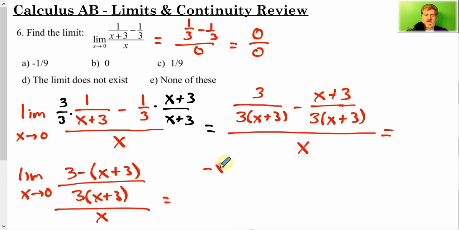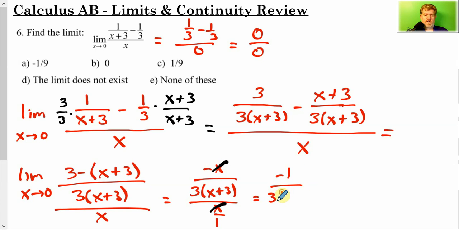We're going to end up with negative x over 3 times x plus 3 over x. Now I'm going to put that over 1 for a nice compound fraction. And if you recall, when you have compound fractions, numerators will cancel each other. Denominators will cancel each other. So this x and this x actually will cancel each other out. You'll be left with, don't forget your negative, negative 1 over 3 times x plus 3.